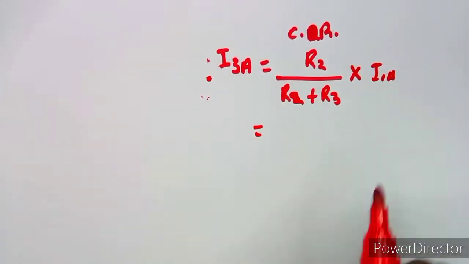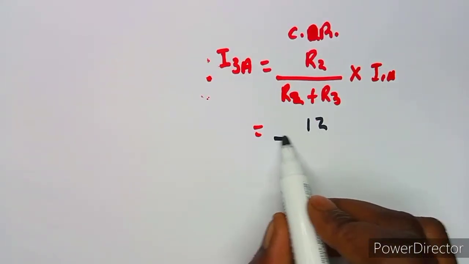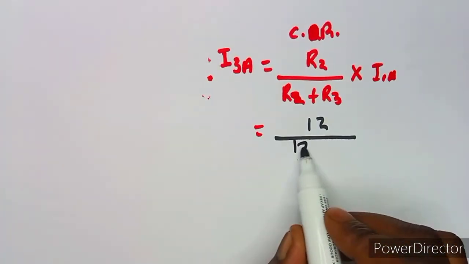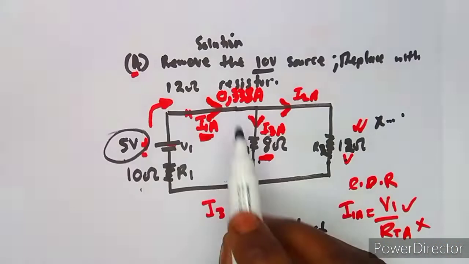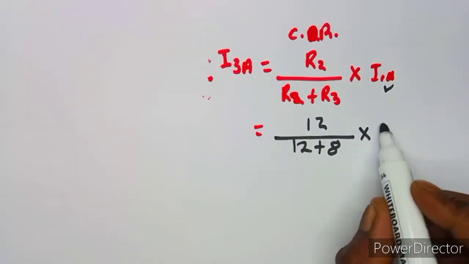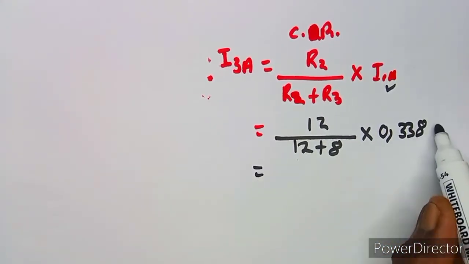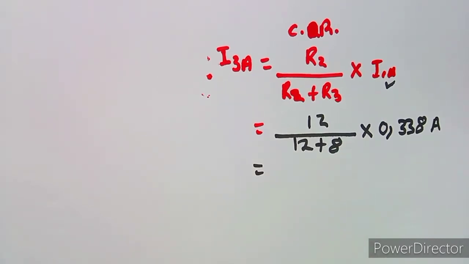So let's just substitute here. We have R2, which is 12. So this is going to be 12 over 12 plus 8, times I1, which in this case is 0.338. Alright, so this is what we have, and since this is in amps, definitely our current also is just going to remain in amps.